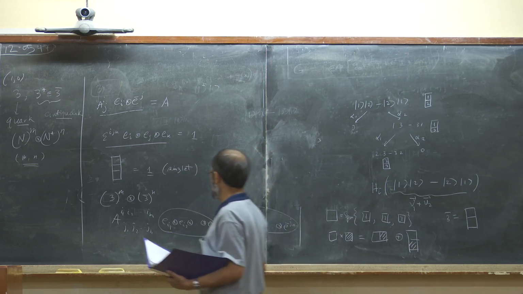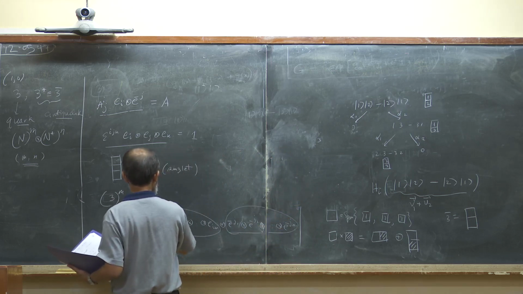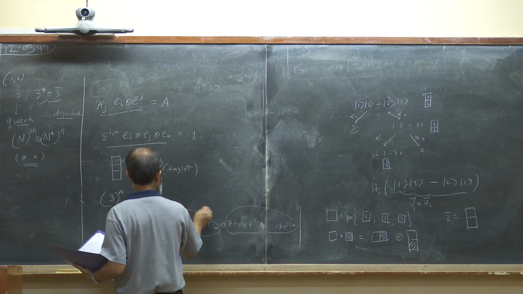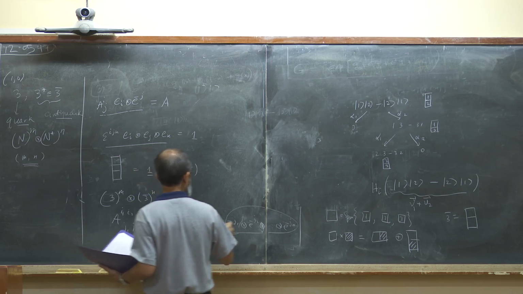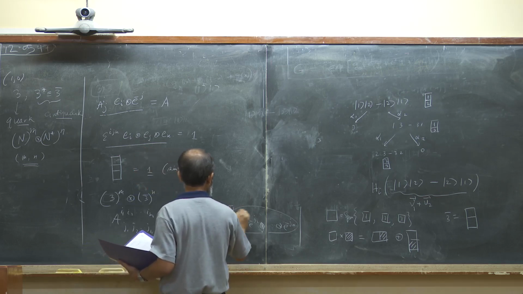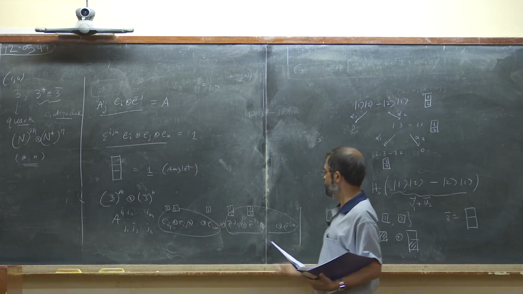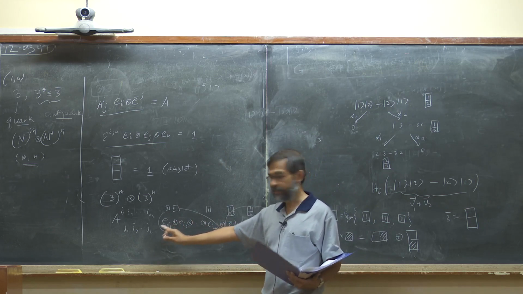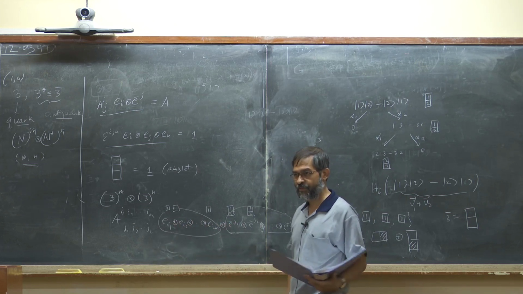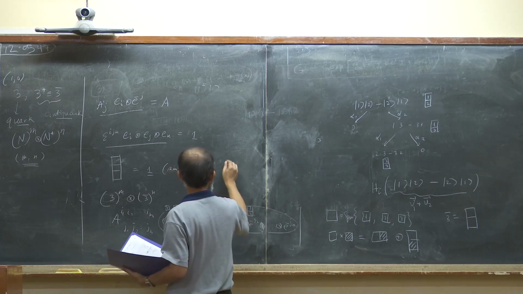In our notation, we take 1, 1, and so on, 1, and these are all 1, 2, 1, 2, etc. In fact, notationally, maybe I should have written the barred ones here and the unbarred ones here.